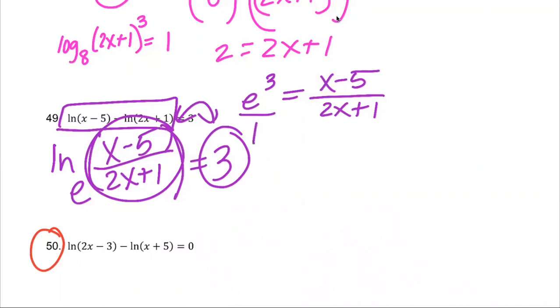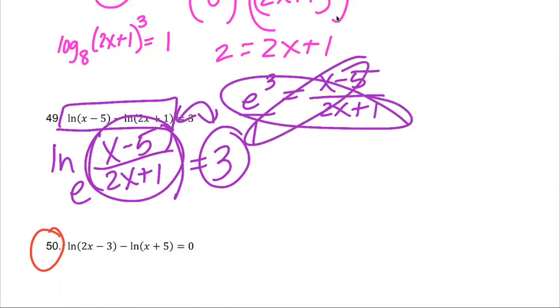So let's go ahead and put this over 1 and cross multiply. So we have x minus 5 equals 2e to the third x plus e to the third. I always like to keep checking in and knowing where my x's are, here and here. So I have 2 of them.